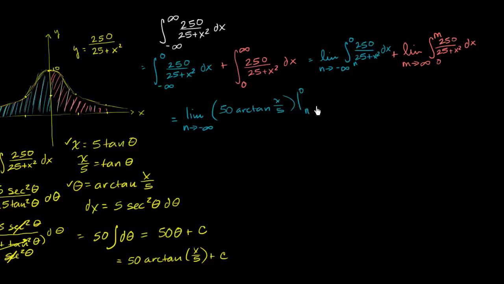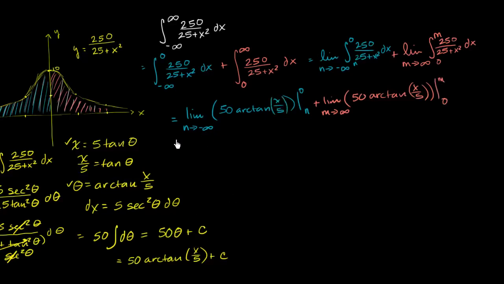To this we're going to add the limit as m approaches positive infinity of 50 arctangent of x over 5, evaluated from 0 to m. And let me put a little parentheses right around this x over 5.